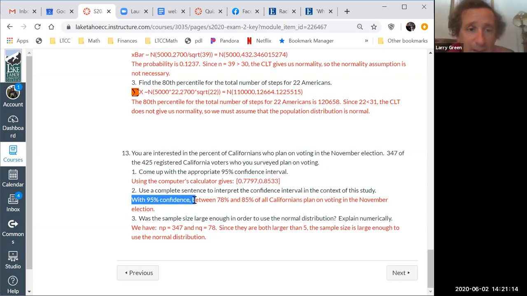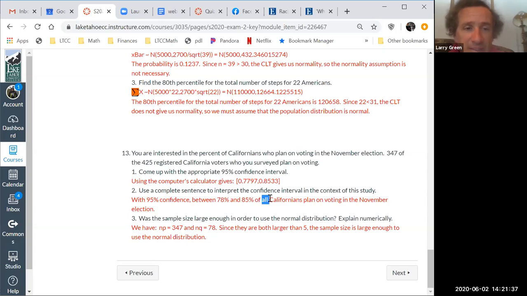So with 95% confidence, that's always how you interpret the confidence interval. Between 78% and 85% of all, let me focus on all Californians plan on voting in the November election. Any questions on that?